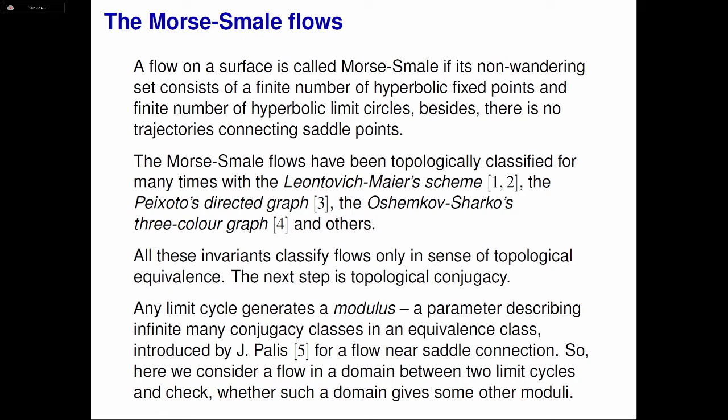So we have only hyperbolic limit cycles, which can be only stable or unstable, and three types of fixed points. Such a class of flows was classified topologically many times, but every time only in the sense of topological equivalence. And the next step is to classify these flows in the sense of topological conjugacy.